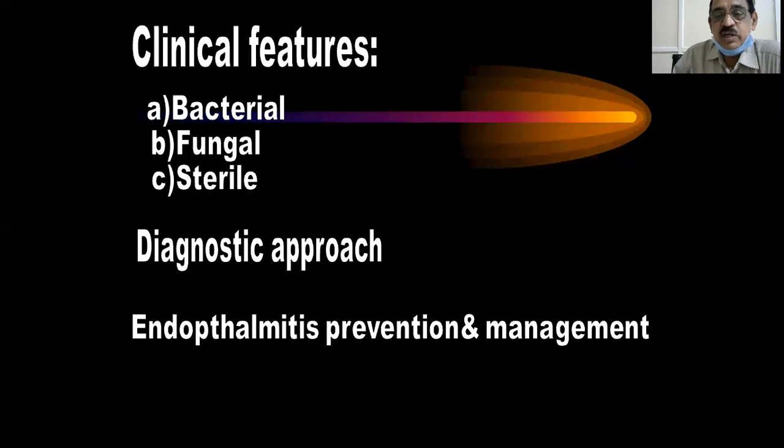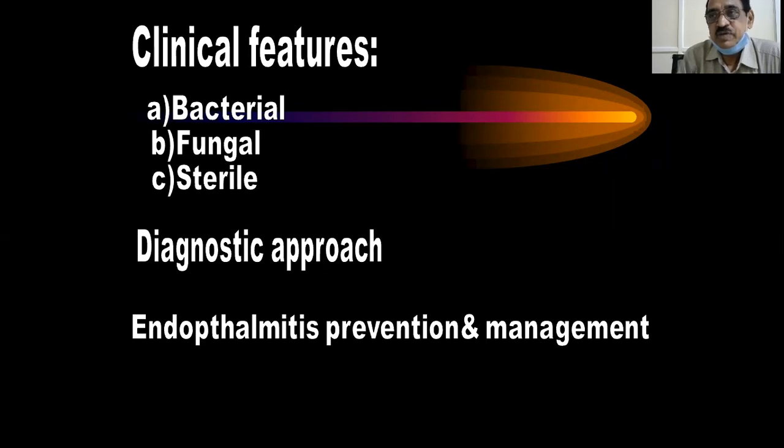What we do is we make an aqueous tap and also a vitreous tap and inject intravitreal injections of vancomycin and ceftriaxone, along with the corticosteroid dexamethasone. And we review the case again after, say, 24 hours.